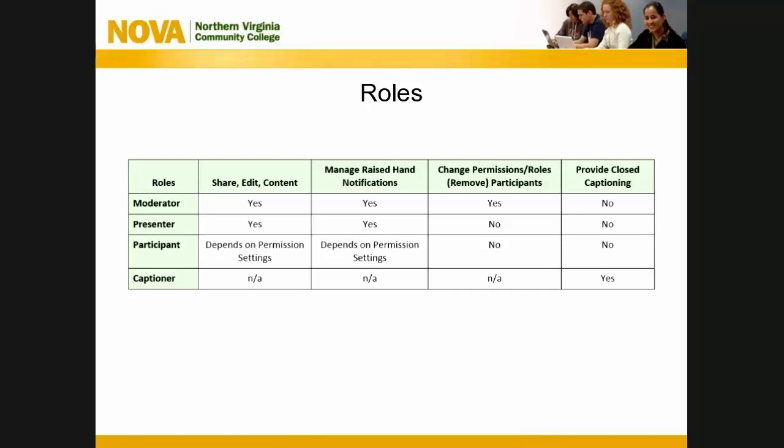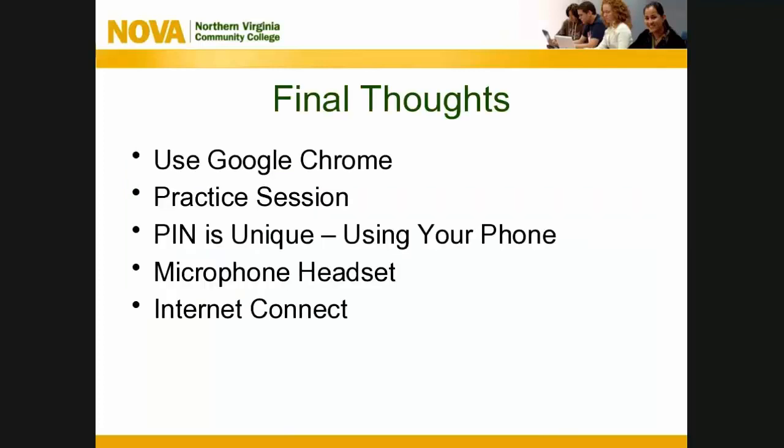And finally, let me talk to you about some final tips on how to have a successful session. I do recommend using Google Chrome for the best Ultra experience. It has fewer issues and it really works well.